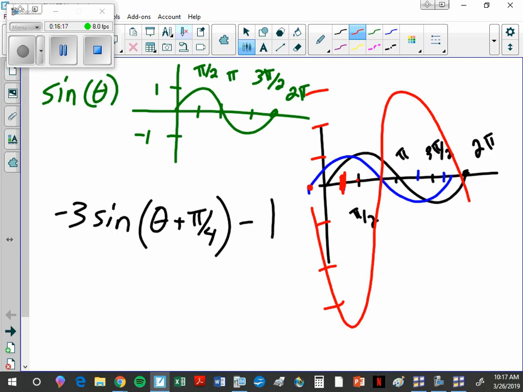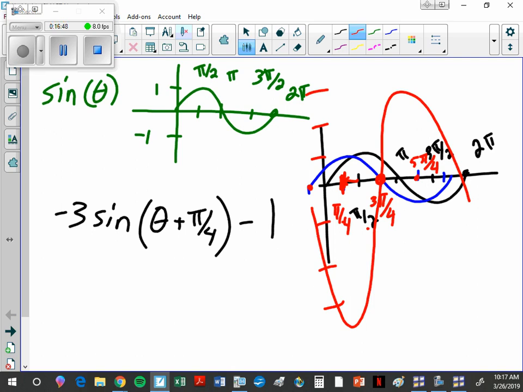Well, I moved from pi over 2 to the left 1/4. So this is pi over 4. What is this point going to be? Well, it's 1/4 more than 1/2, which is 3 pi over 4. So this point is going to be 5 pi over 4, and so on.